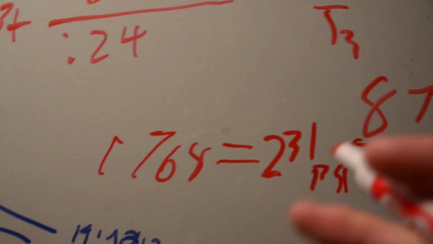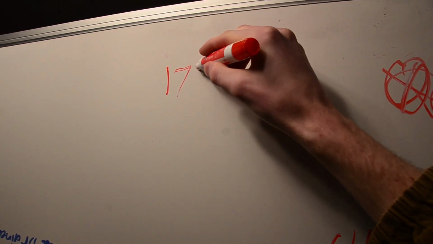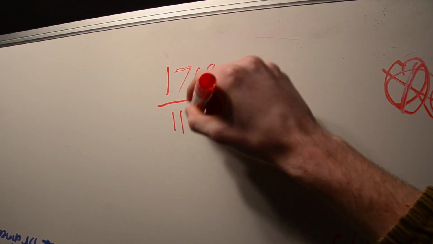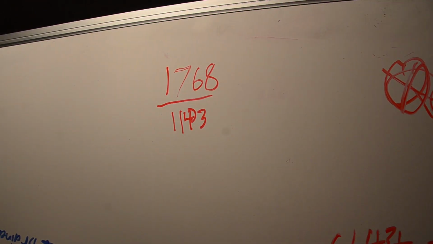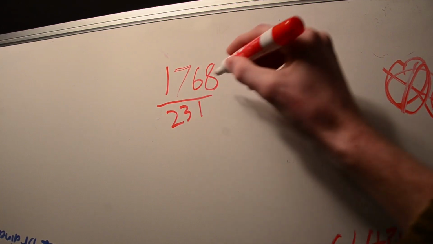Alright, 1768 and 231. Now, we have an equation by which we can figure out the pressure ratios of these doodads. So 1768 divided by 231.